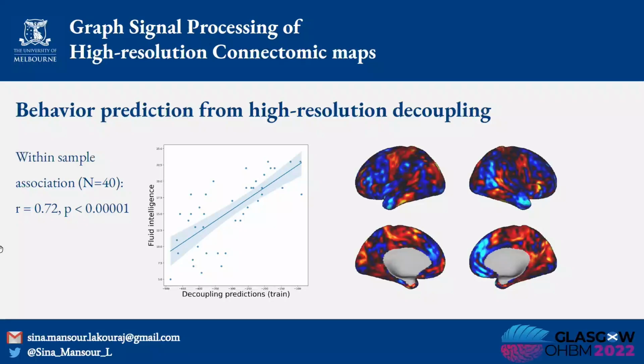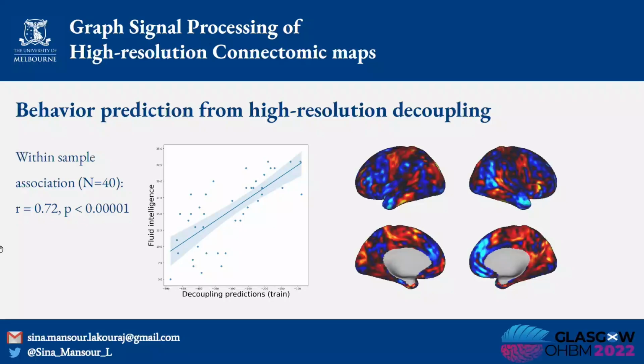We tried to relate every individual's decoupling patterns with their behavior, and here we looked at fluid intelligence, and we observed that there's a significant association between the decoupling patterns and how we could predict fluid intelligence from that. But our key question is whether that's replicable and whether that could be used to predict out-of-sample behavior.